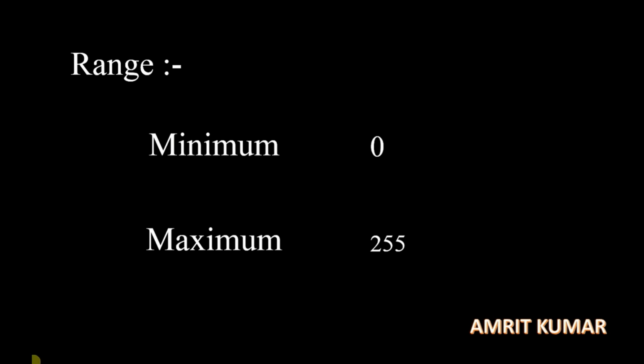And here you are seeing the minimum and maximum range of unsigned used with char. The minimum range is 0, and the maximum range of unsigned used with the character data type is 255, and that is its range.